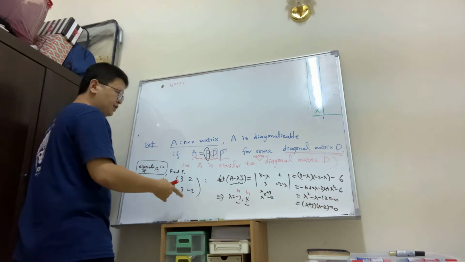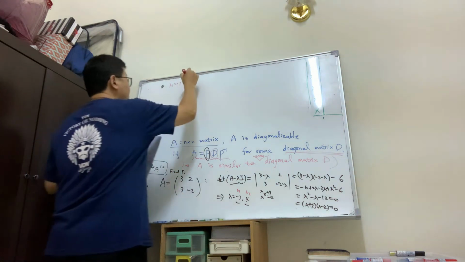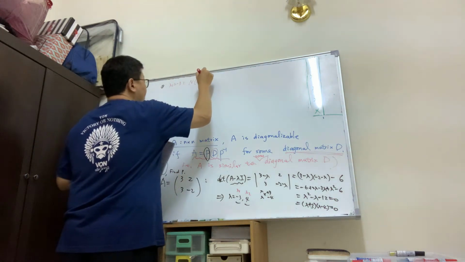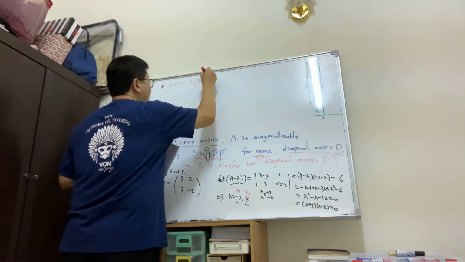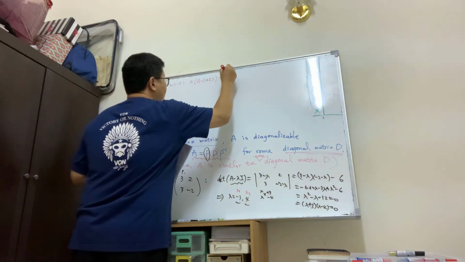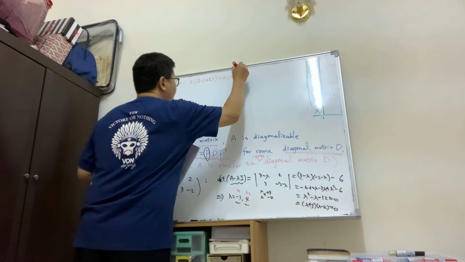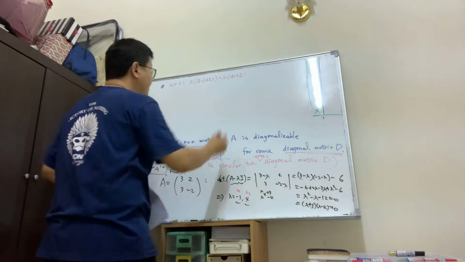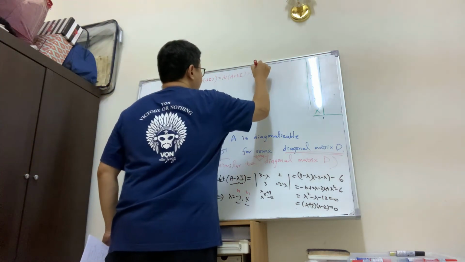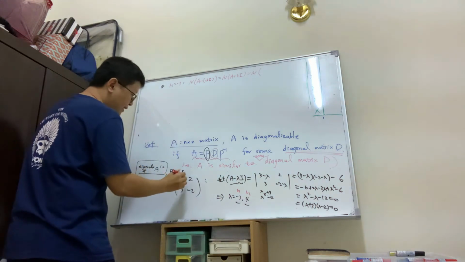First of all, its eigenspace is the null space of A minus lambda I. So it's negative 3I, which is exactly the null space of A plus 3I. So it becomes the null space of the matrix with plus 3 on the diagonal.